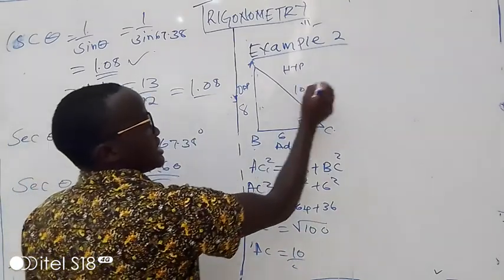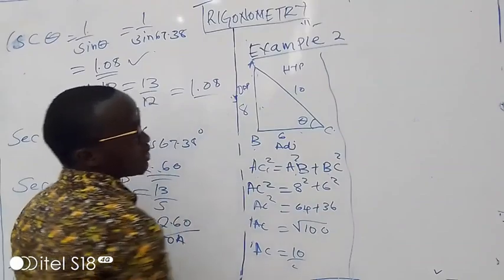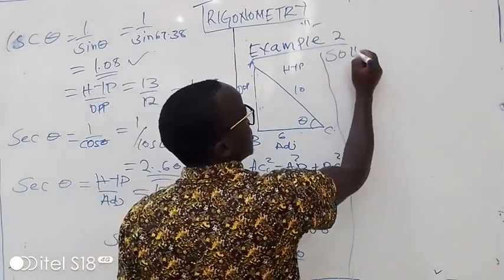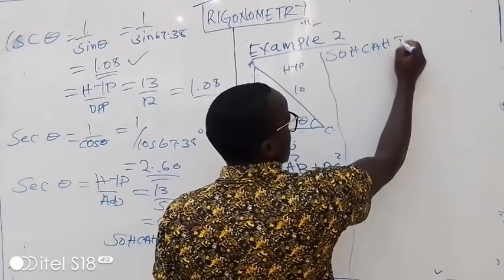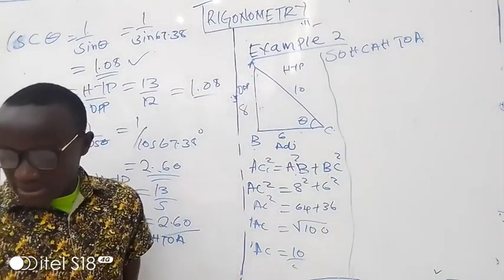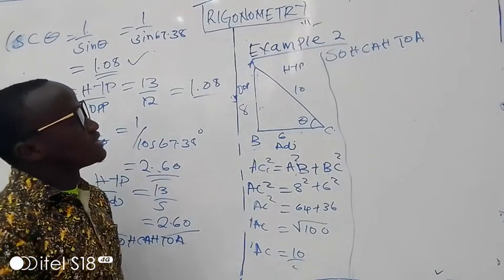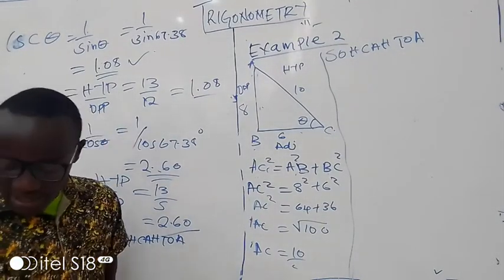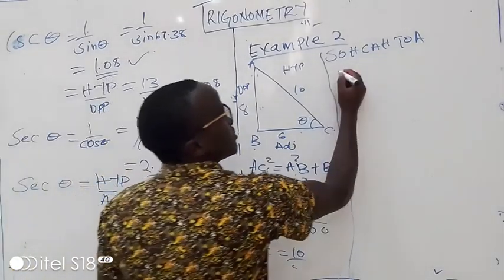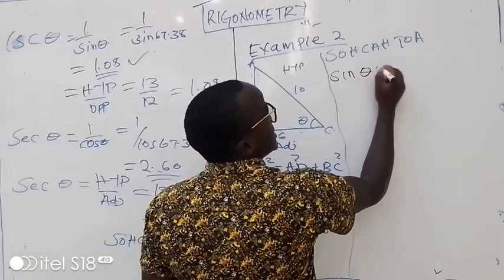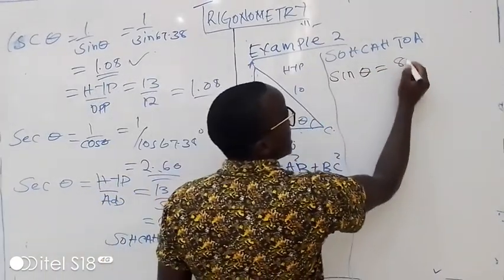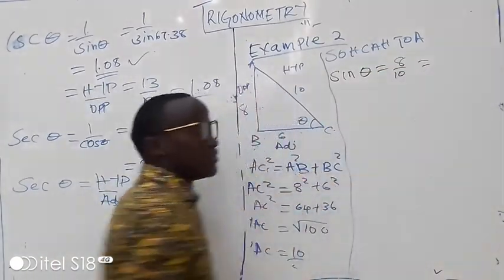Now this is 10. Now we need to find all the trigonometric ratios. We start with the simplest one, SOHCAHTOA. Sine is equal to opposite over hypotenuse. So our sine theta is equal to opposite over hypotenuse, which is 8 over 10.